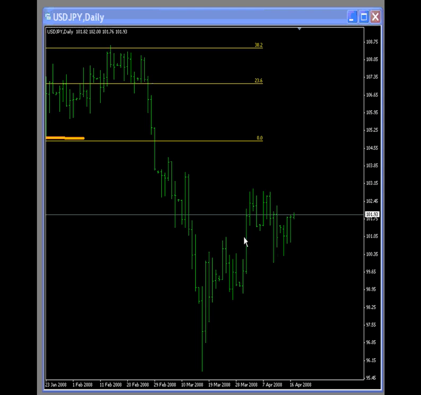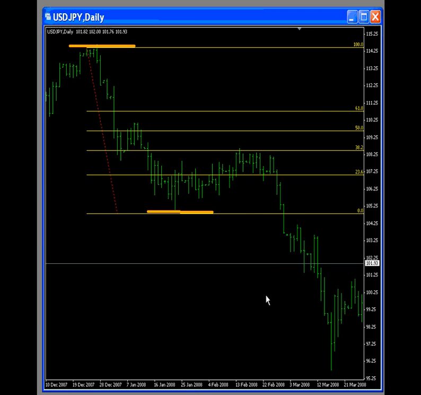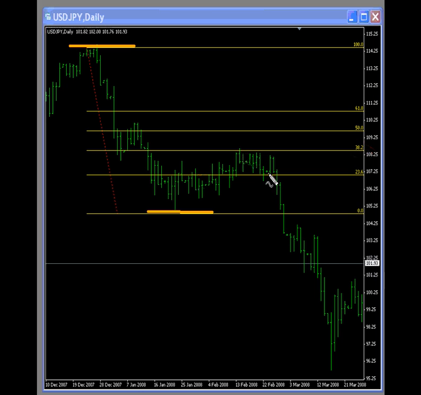As you can see, price moved to the 23.6 and bounced a little bit, and then when it reached the 38.2, it pretty much stopped dead in its tracks before continuing on. And if we look here, we got a bunch of bar highs, a bunch of inside bars that could all have given us triggers to get into the market.